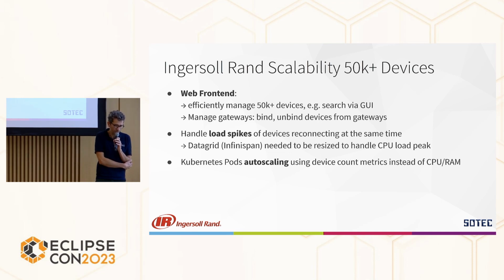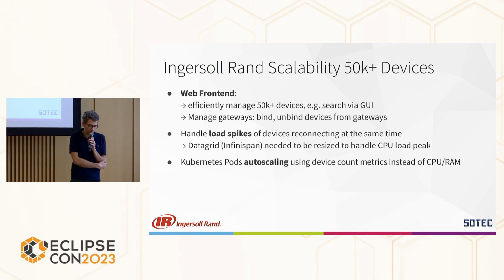And we introduced some pod auto-scaling using a special metric. Instead of CPU and RAM, we are now using device count, so that starting from some number of devices connected to the platform, we start a new pod for the MQTT adapters, so that we can handle this load.